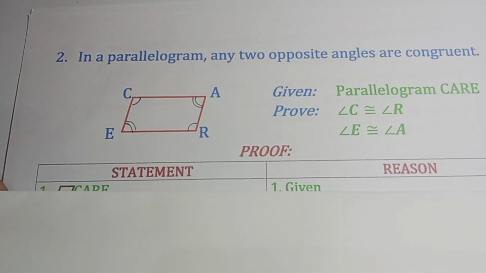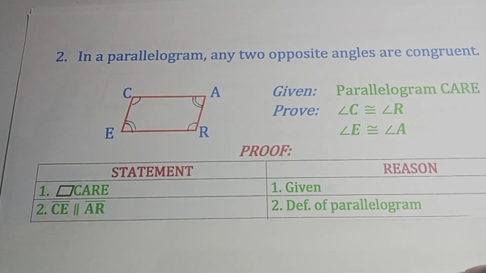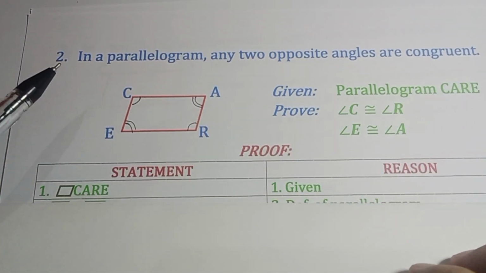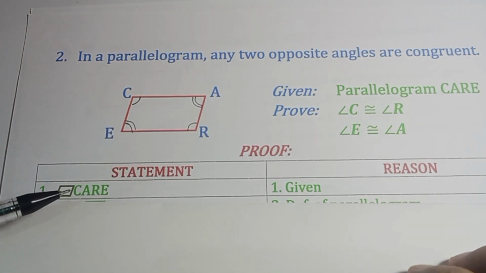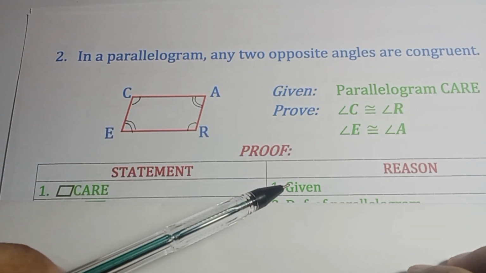Two-column proof. The first statement must be from the given. We have parallelogram CARE. Reason, it is given.